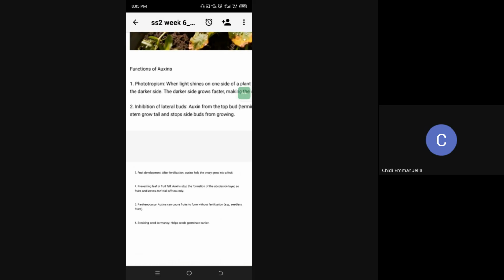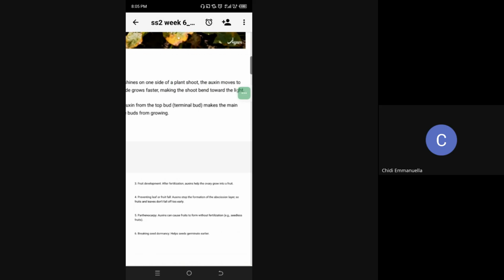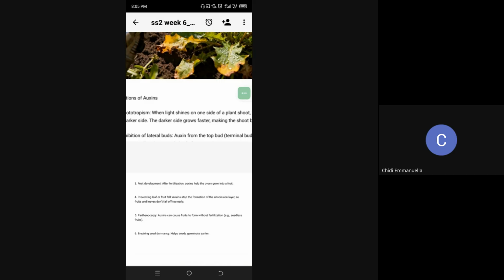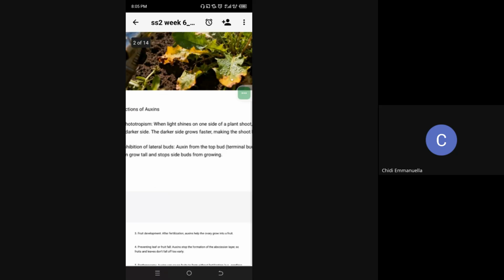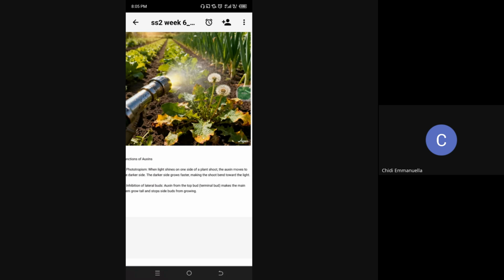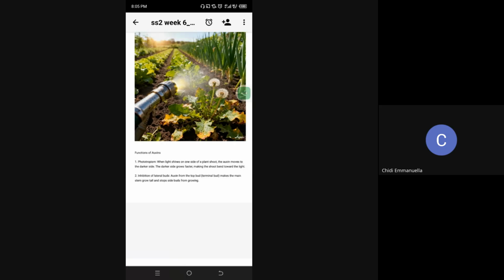When light shines on one side of the plant shoot, the auxin moves to the darker side. The darker side grows faster, making the shoots bend toward the light. So if you are asked to explain that one, that phototropism, will you be able to explain it?